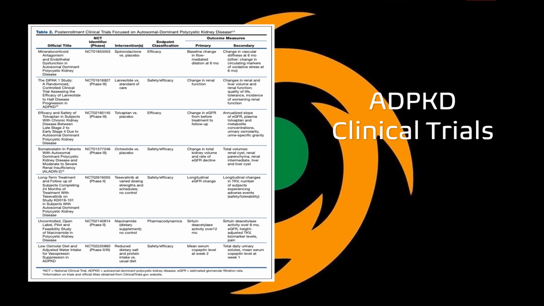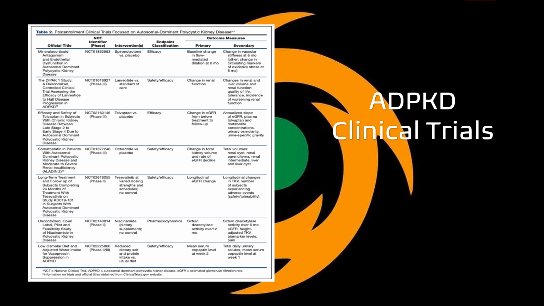The endpoint classification was looking at the efficacy of tolvaptan versus the placebo. One of the outcome measures was the change in estimated glomerular filtration rate from before treatment to follow up.